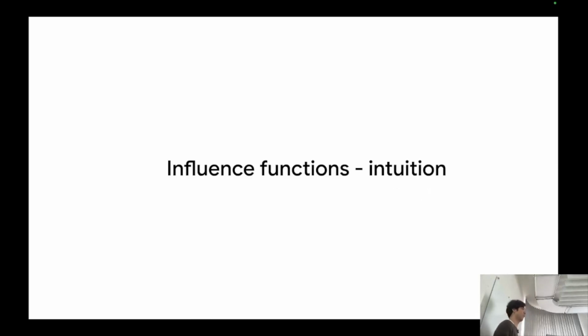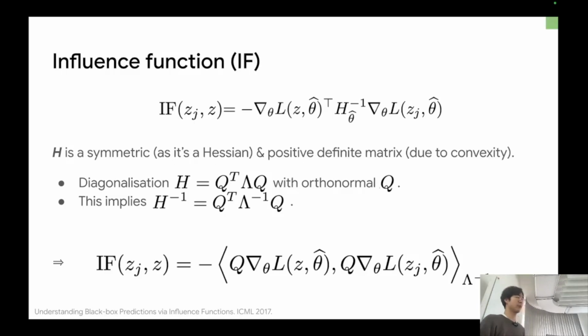Now I wish to give you a more detailed intuition of what this is actually computing. We know how this is derived, but we don't have sufficient geometric intuition of what this is doing. So first, some basic preliminary knowledge that we need is that a symmetric matrix is diagonalizable.